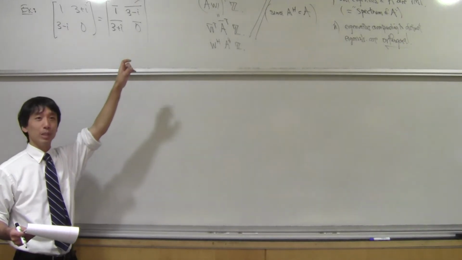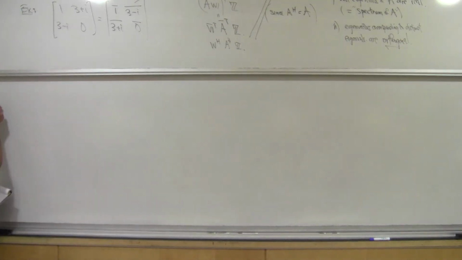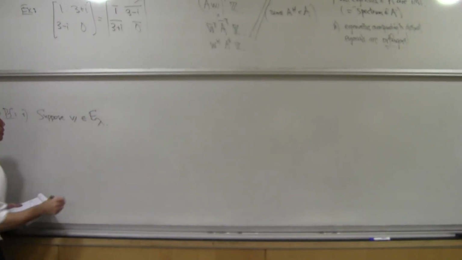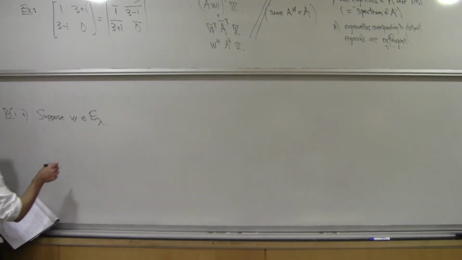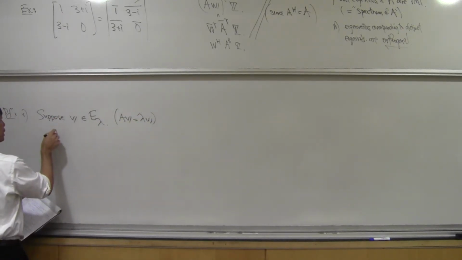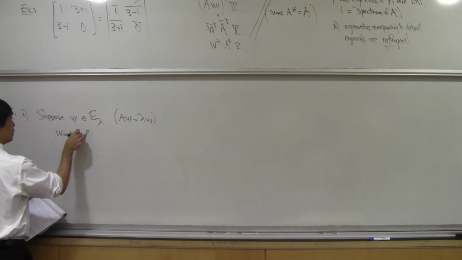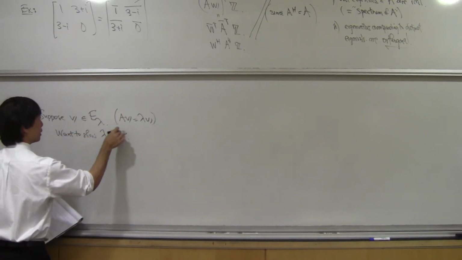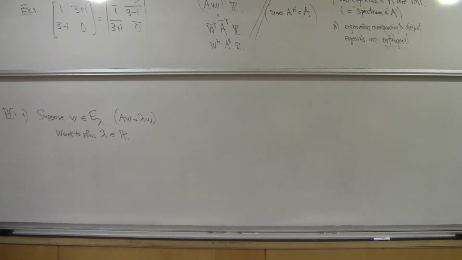Okay, so let's prove this. We're actually going to prove this using the property of Hermitian matrices that we just proved. So proof of 1. We want to see that all eigenvalues are real. Suppose that V is an eigenvector in some eigenspace, in other words AV equals lambda V. We want to show that lambda has to be a real number.